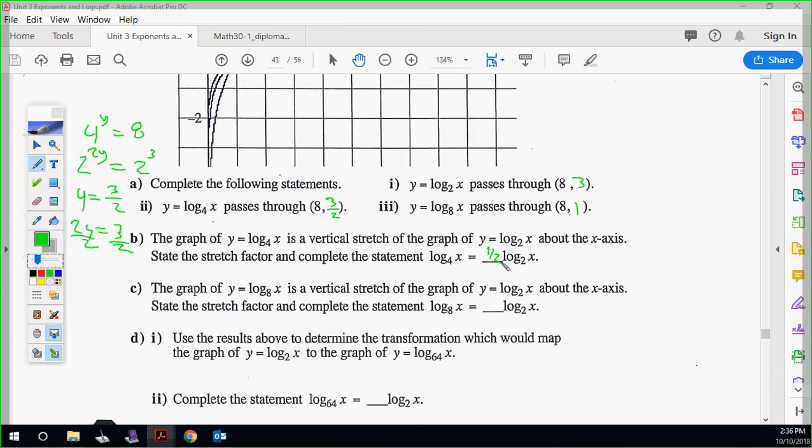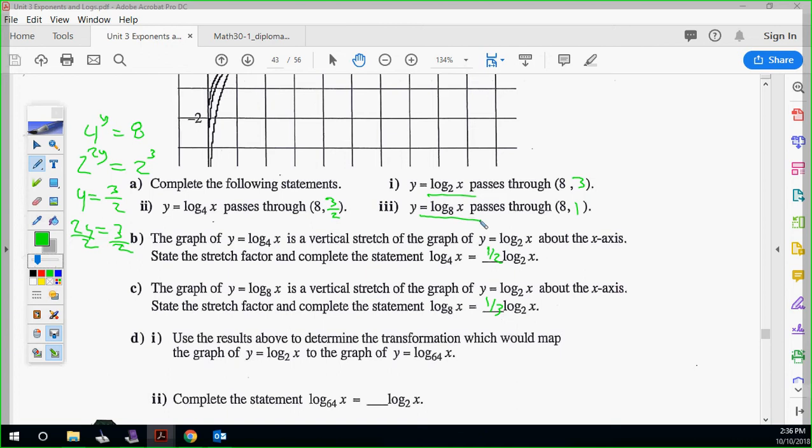Log base 8 is smaller than log base 2, so we need to make this smaller. So we're going to do 1/3. Again, why is it 1/3? What is 1/3 times 3? It's 1. That's the stretch to get from log base 2 to log base 8.